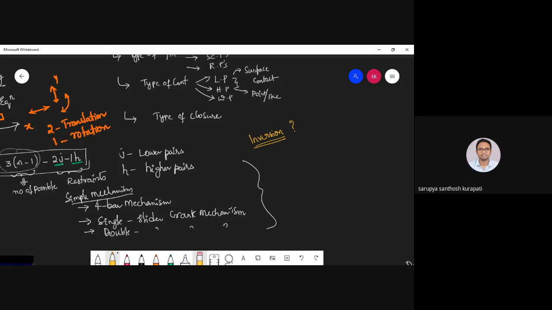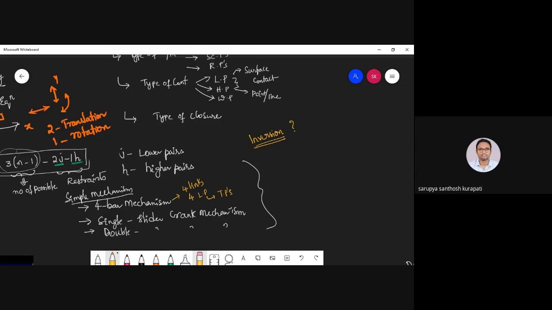So here in the 4-bar mechanism there are 4 links, that is 4 bars, and 4 lower pairs, and all the lower pairs are turning pairs. If I fix the links one by one, out of a total of 4 links, I'm going to get different mechanisms. If the mechanisms are unique, then I'm going to call it an inversion.